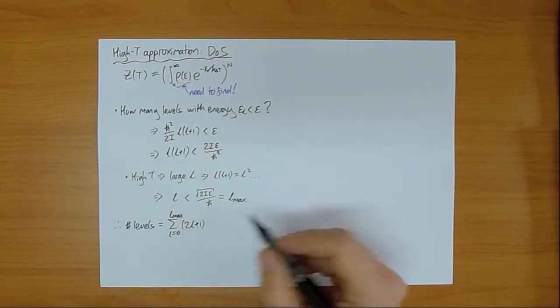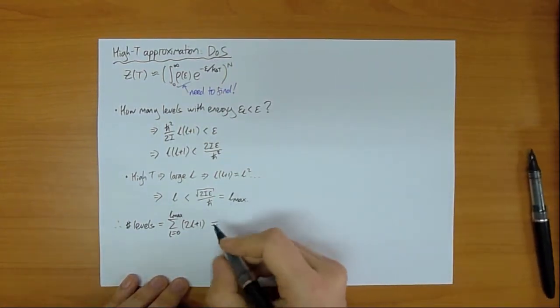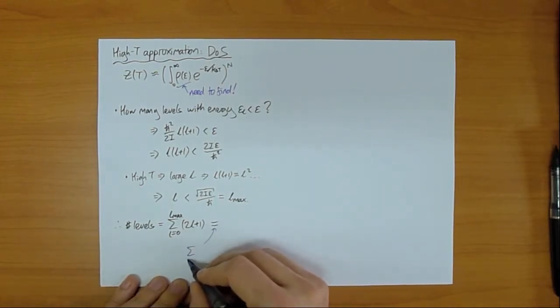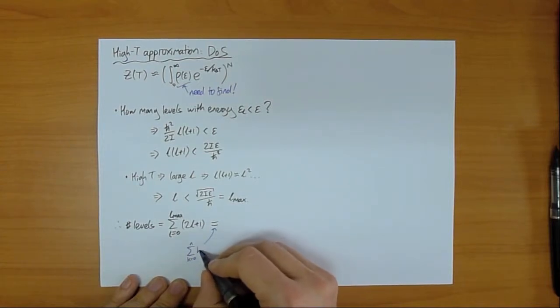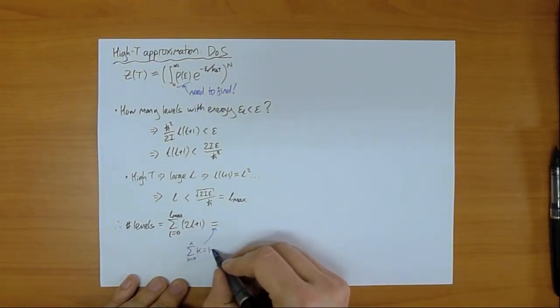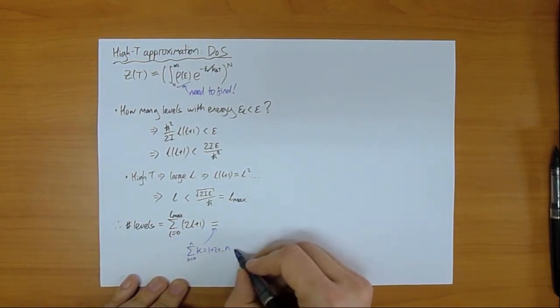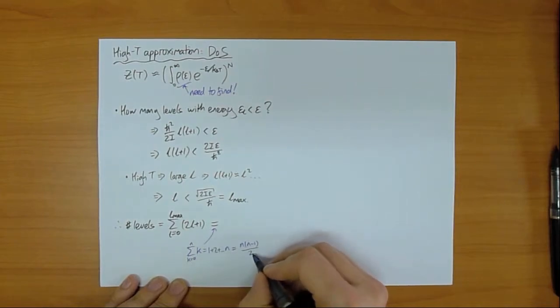If you use the following result, which hopefully you know, the sum for k from 0 to n of k, so 1 plus 2 plus all the way up to n, is equal to n times n plus 1 divided by 2.